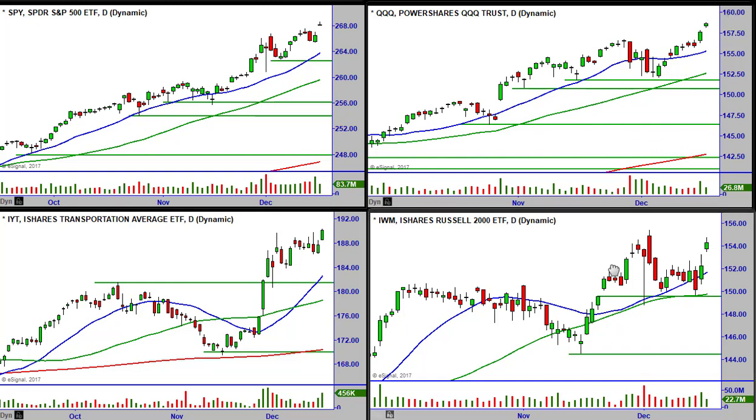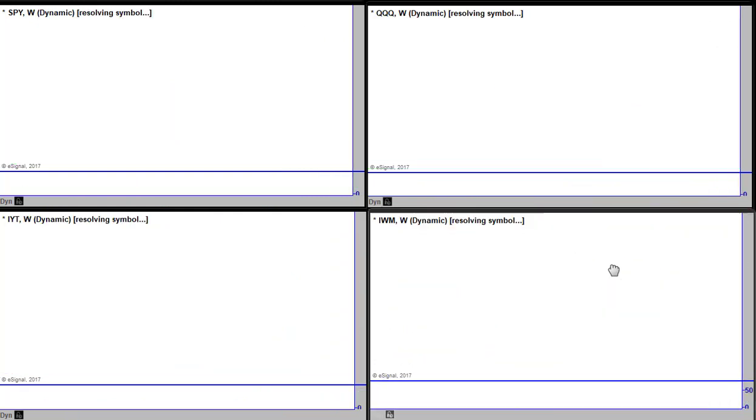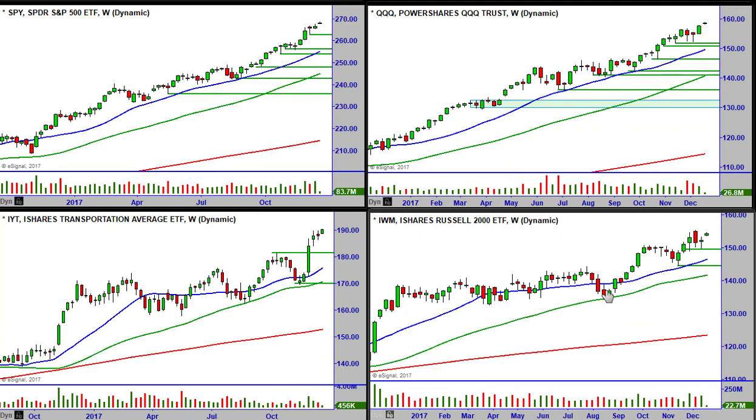Now, the next step is to go to a higher time frame. The moving averages are meaningless for the most part here because we changed time frames. Just ignore them for now. But you'll see that my markings are there on the weekly charts. They do move over from the dailies. However, once the trend breaks in the daily time frame, the question is, does it break in the weekly time frame?